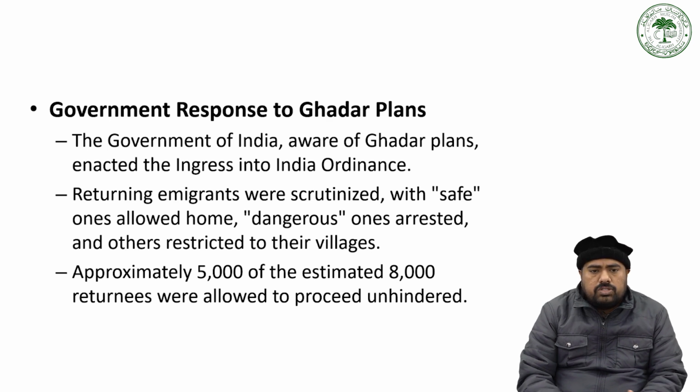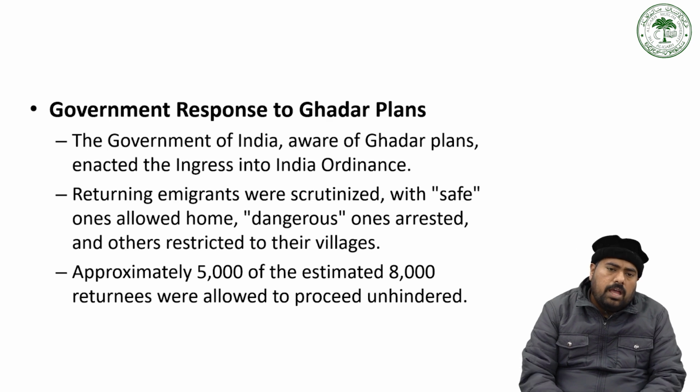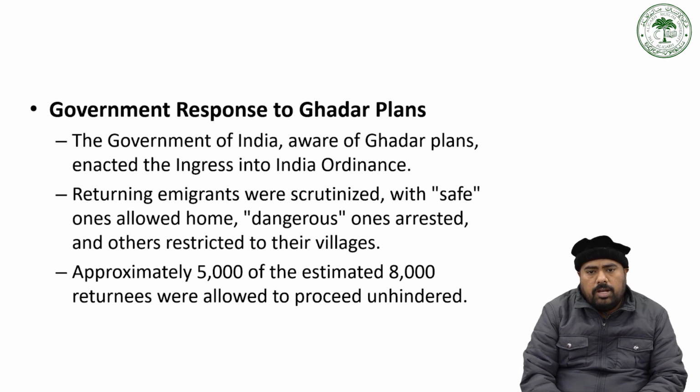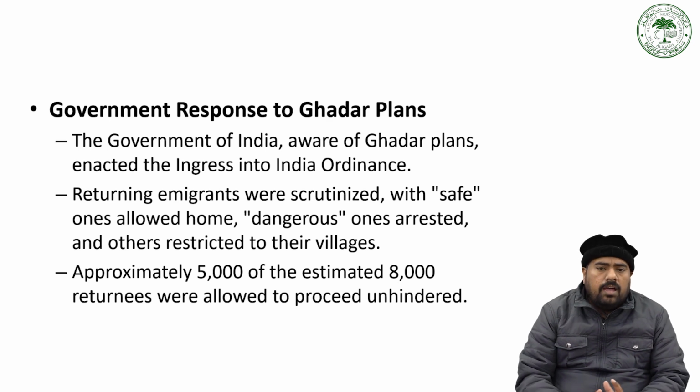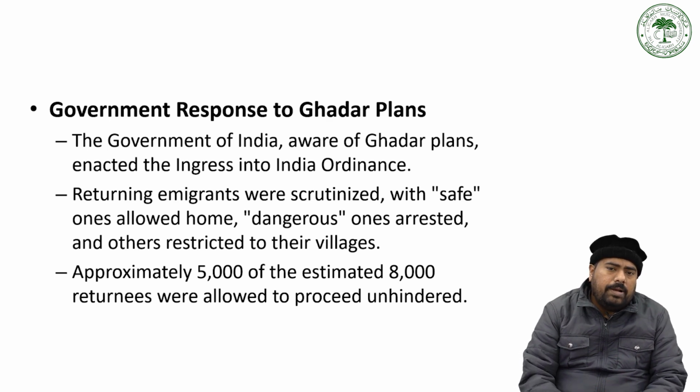So in a way, restrictions on entry and exit were introduced by the Government of India, and those who were trained as a part of the Ghadar movement were, in fact, scrutinized.